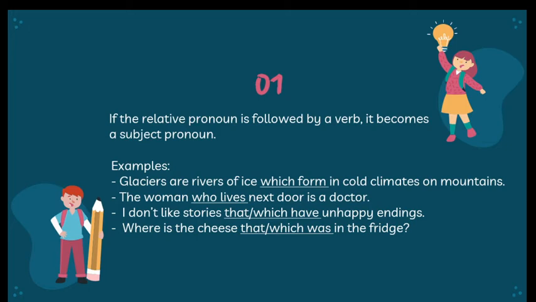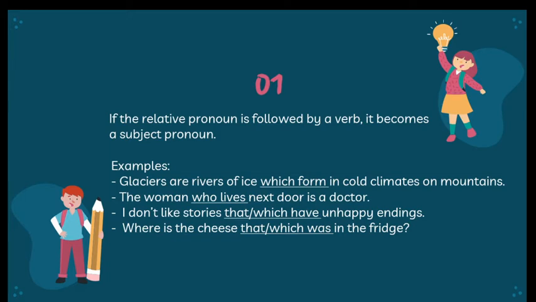And also you can see that the relative pronoun is followed by the verb have. Where is the cheese that or which was in the fridge? Another example where we can use the relative pronoun that or which, and this is followed by the verb was.